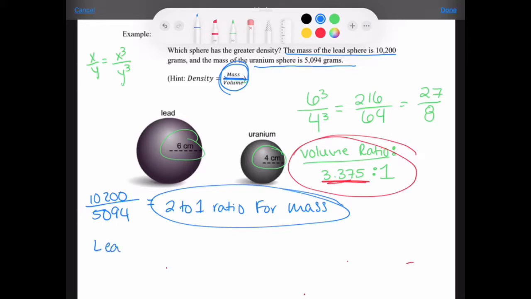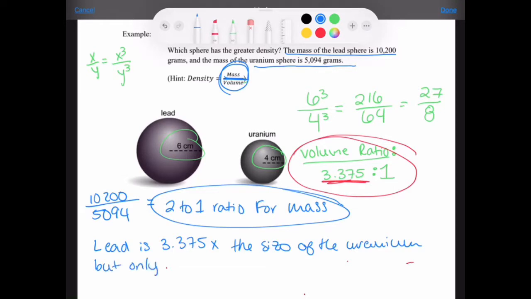Now this tells us simply that the lead is 3.375 times the size of the uranium, but only 2 times the mass. What does this tell us?